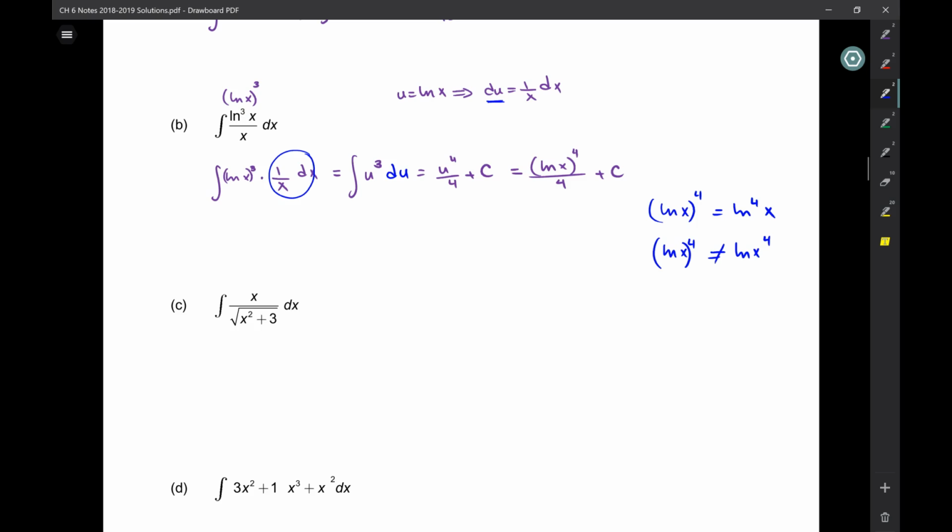Because here it's the x that's being raised to the power of 4, so it's ln of x to the 4. So be careful. If you don't want to put parentheses, you have to write it that way. If you write it this way, it's wrong. I can't give you all the points for it. It's wrong. I mean, and it's sad to have done all that and then lose points for that.